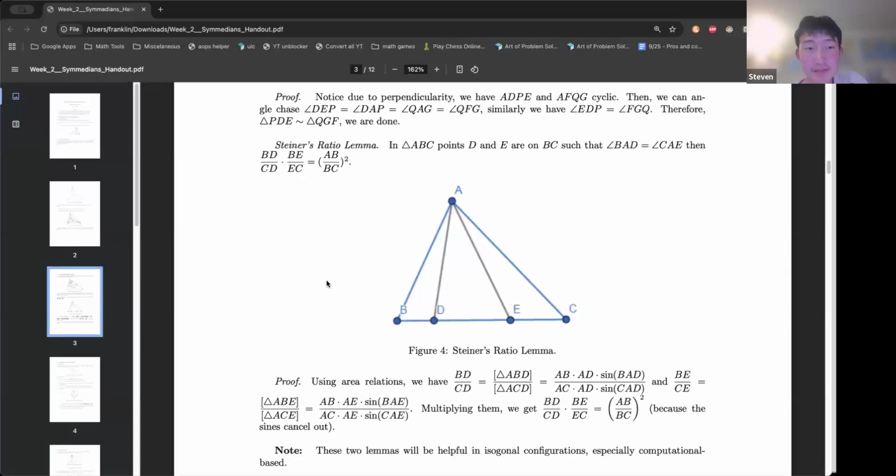we can motivate it by the BD over CD condition that BD over CD equals the area of triangle ABD over the area of triangle ACD. By the way, the square brackets mean the area of. Assume you know the trig representation of area.